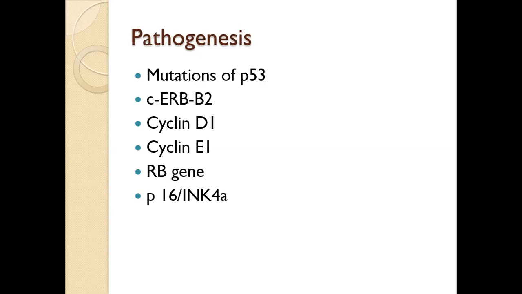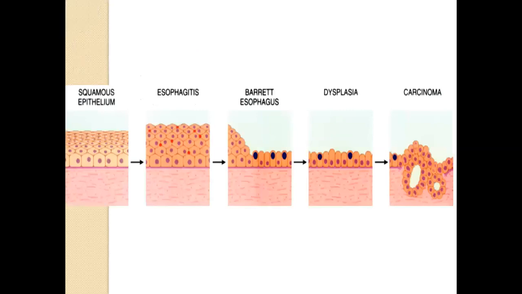So mutation of P53, then CRB2, cyclin D1, cyclin E1, RB gene, and P16 INK4A. These are the different mutations which occur in the pathogenesis of adenocarcinoma.